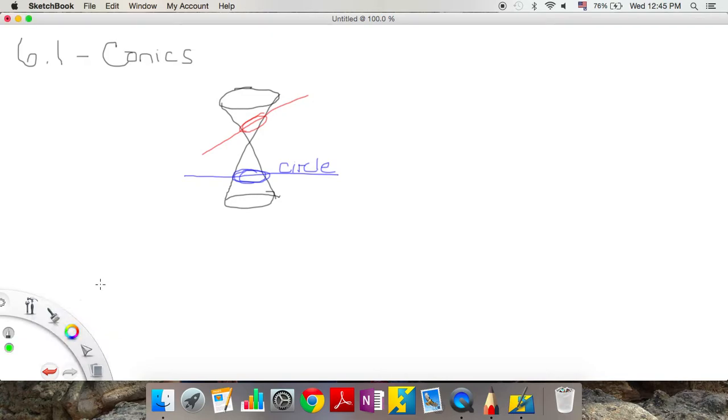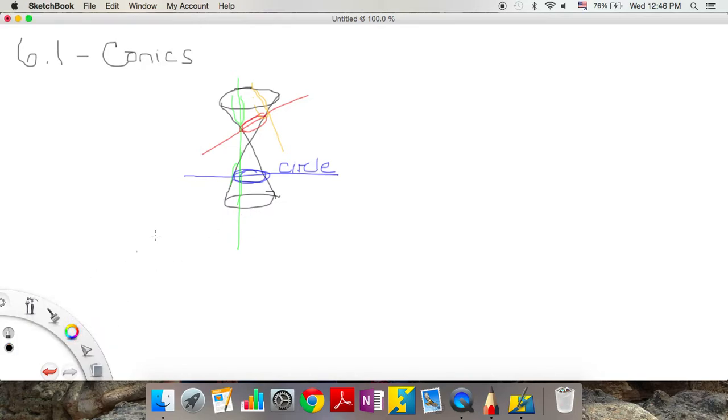Or we can cut it where we hit through both of these and we end up with what's called a hyperbola. Or lastly, if we just cut through part of one, we end up with a parabola. You have a much better picture of this in your book, so you can look at that.